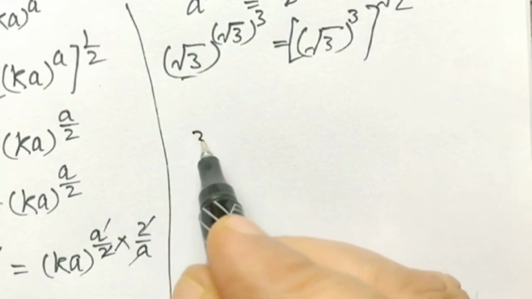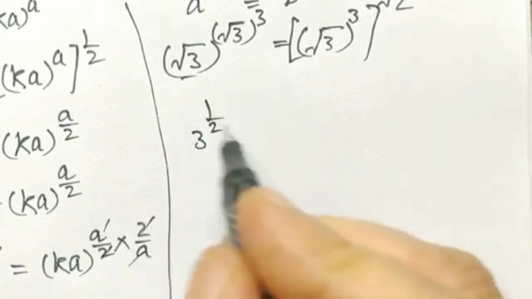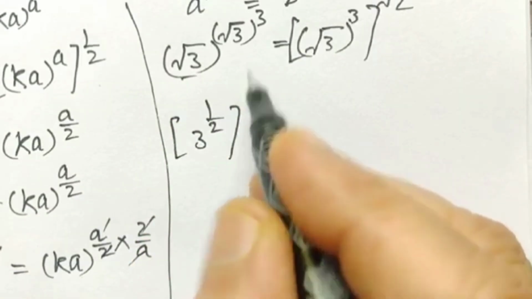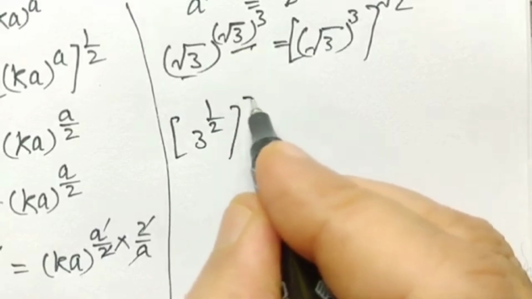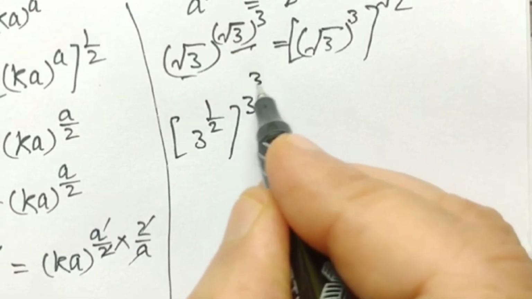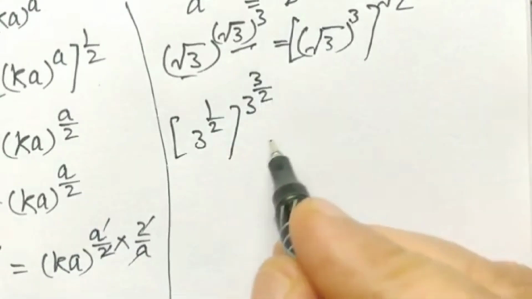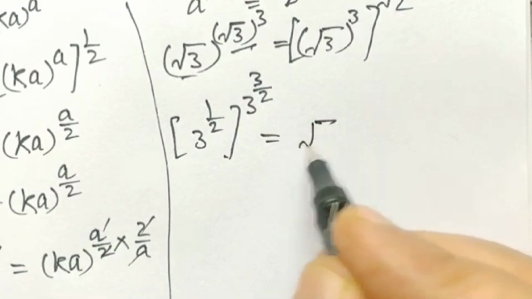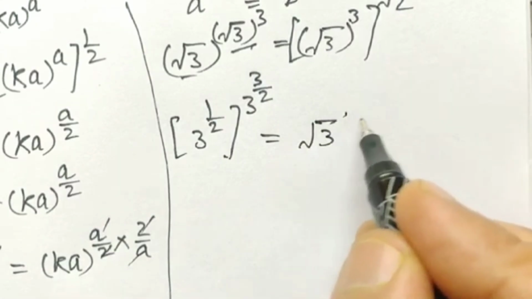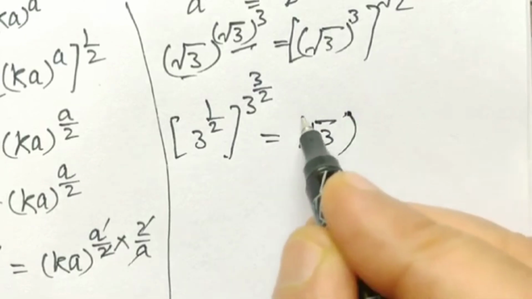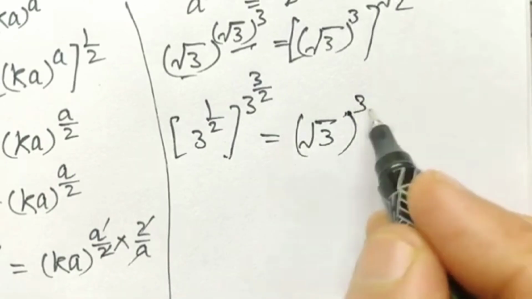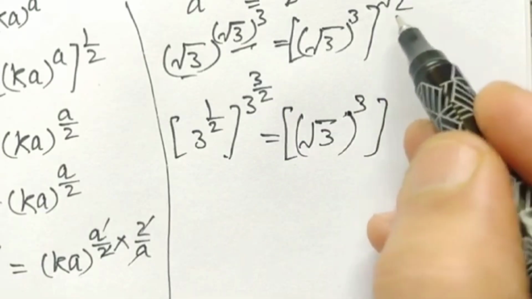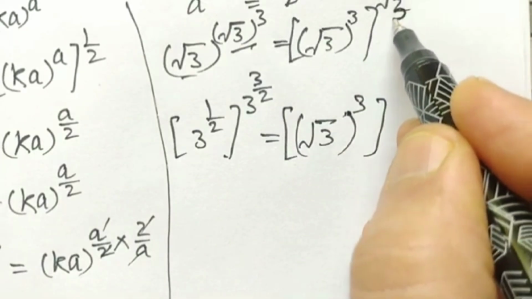Square root of 3 is 3 to the power half, so the left side is 3 to the power half, to the power 3 to the power 3 by 2, and the right side is square root of 3 cube, to the power square root of 3. Here I am extremely sorry, this is square root of 3.